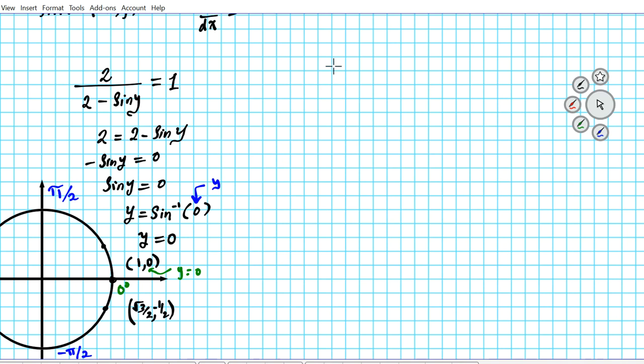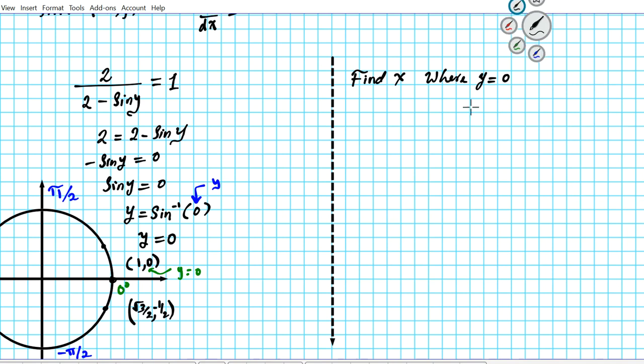Now let's go ahead and find the x, since we already know what the y is. Okay? So now we're going to find x where y is equal to 0. So what equation relates x and y? We use the original equation that we had, okay?